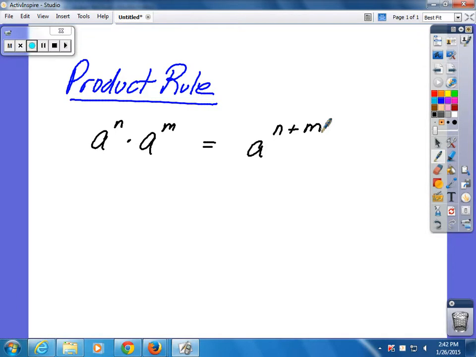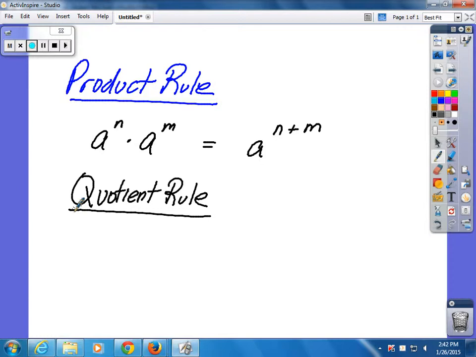The quotient rule says that if you have two terms with the same base and you are dividing them, what do you do to the exponents? Subtract them. That's right, class.